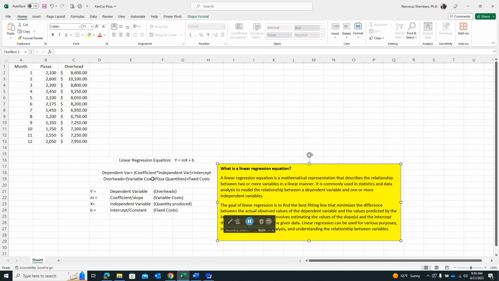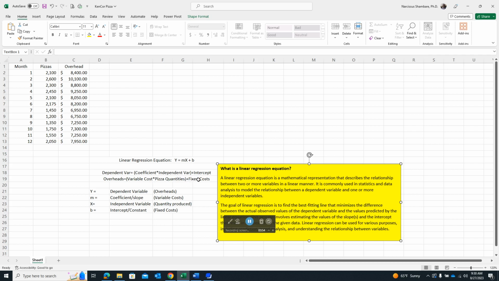And the coefficient is really that measure that enables us to see how much overhead cost is being incurred for every additional pizza we actually produce, okay? And then, of course, we multiply that with the quantities that were actually produced, and then we add that to our constant or the intercept, right? Intercept is actually the constant.